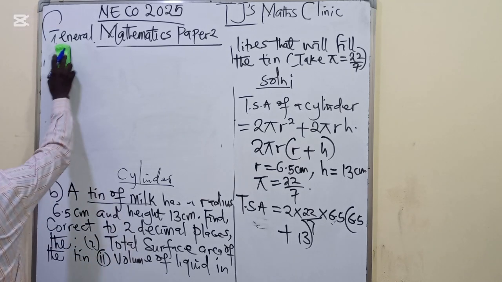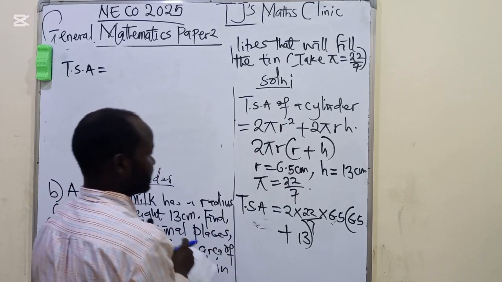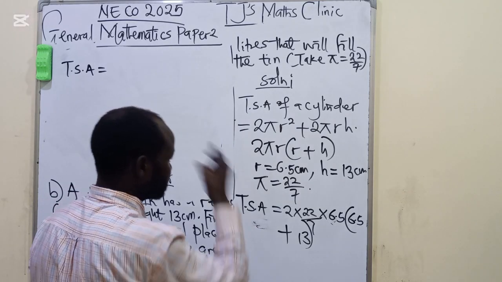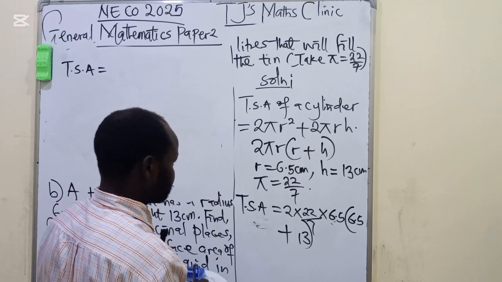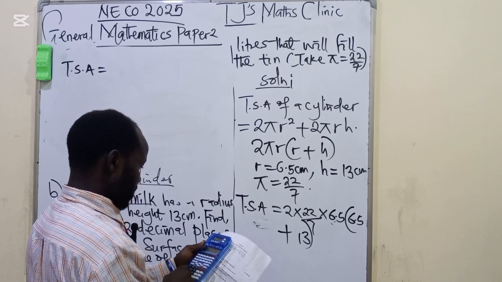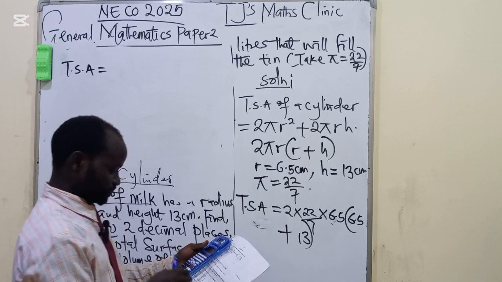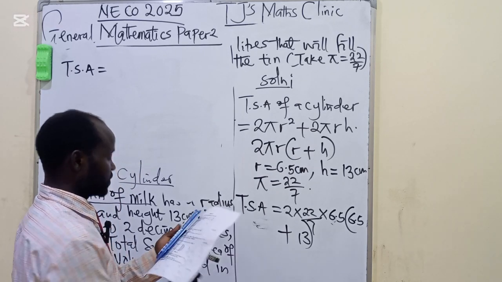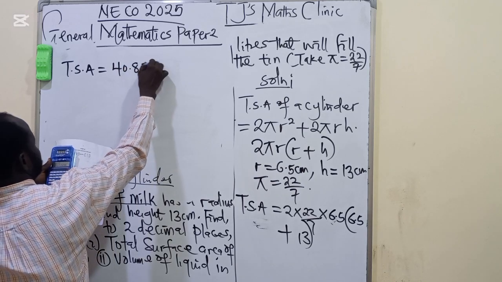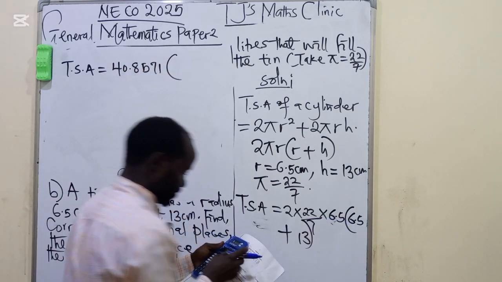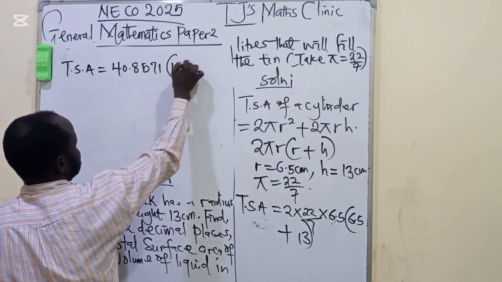Let's simplify further. Let's do the first part: 22 multiplied by 2 multiplied by 6.5, divided by 7. Whatever answer we have, divided by 7, we have 40.8571. Then the bracket: we add what is in the bracket, that is 6.5 plus 13, which is 19.5.